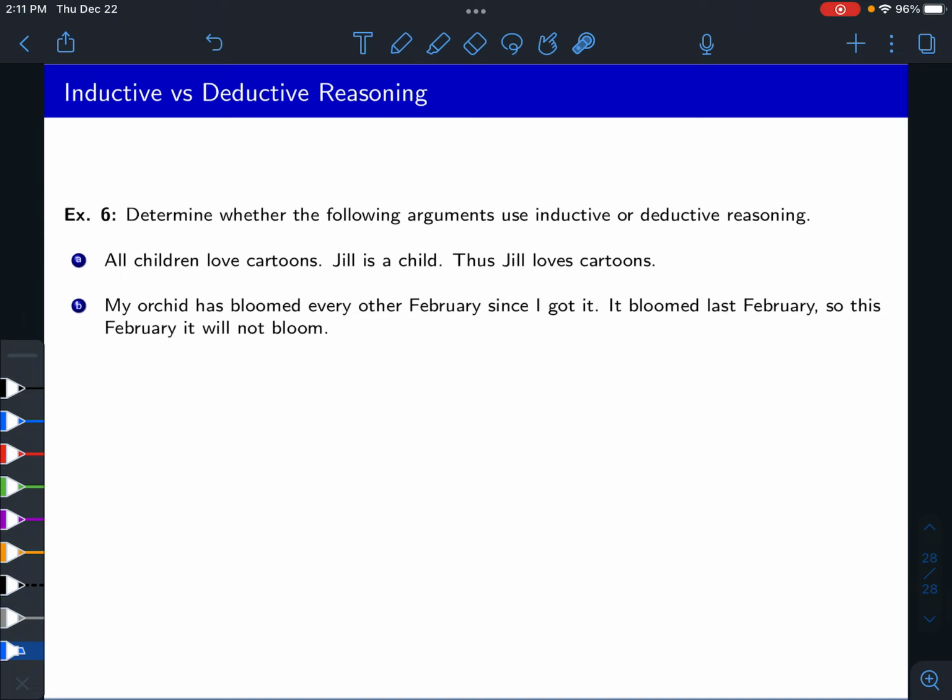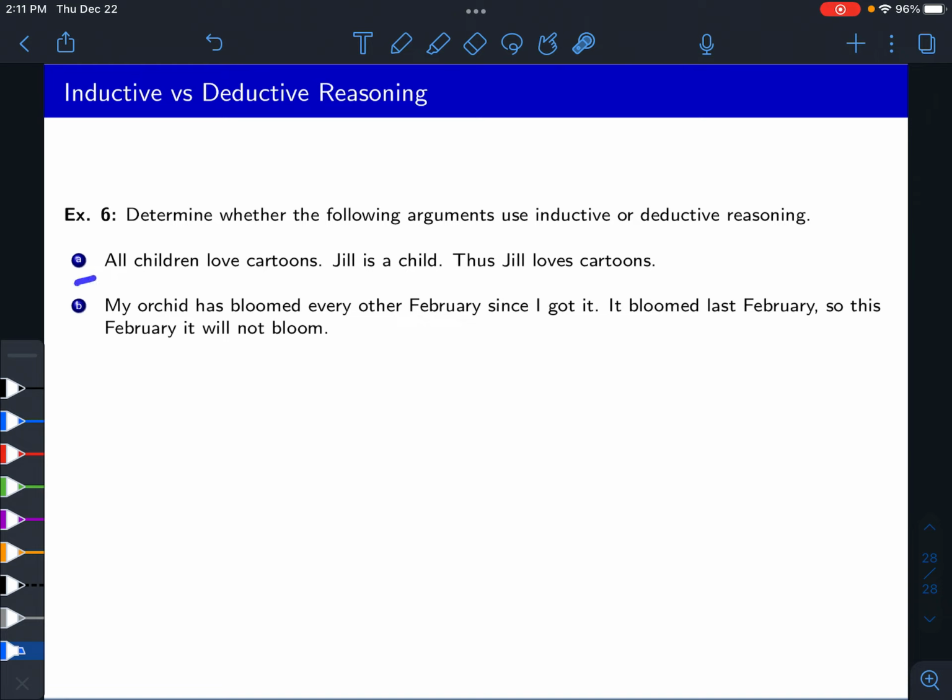But we have to make that leap of faith of assuming that this pattern is going to continue in order to make the conclusion that this February it will not bloom. So this would be an example of inductive reasoning because we are making that assumption on our own.